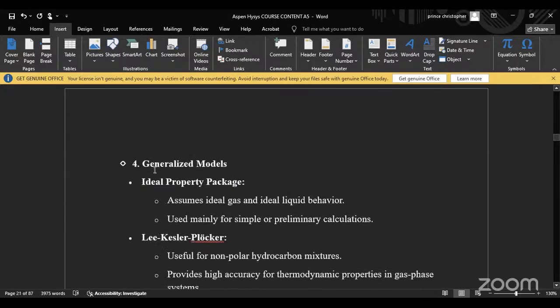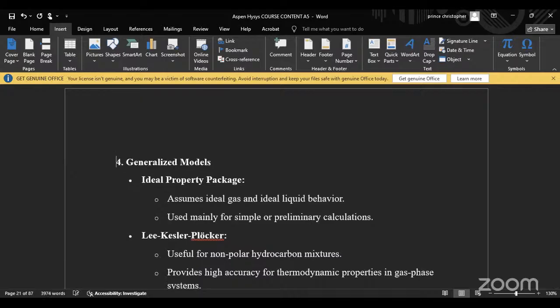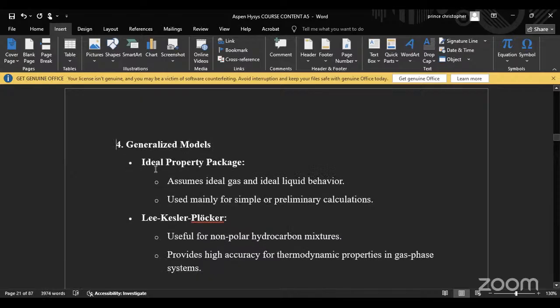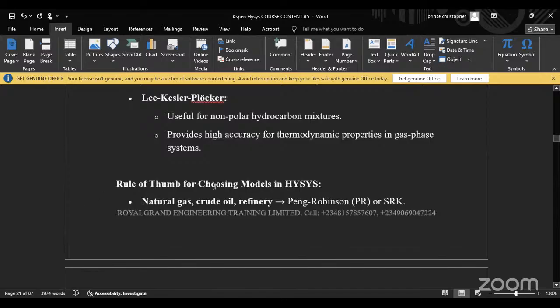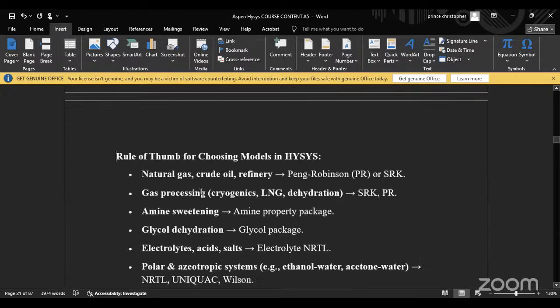And we have the ideal property package, and Lee-Kesler-Plöcker. I dropped some rules of thumb here.